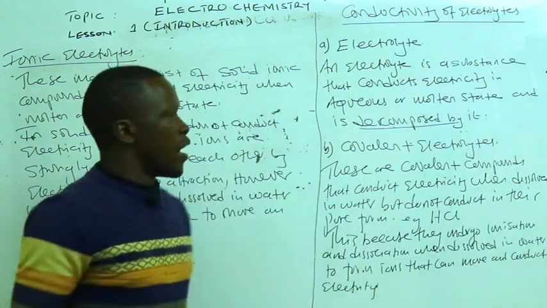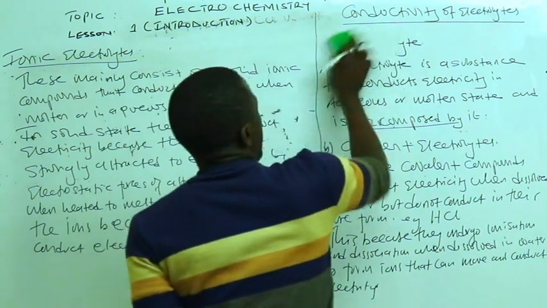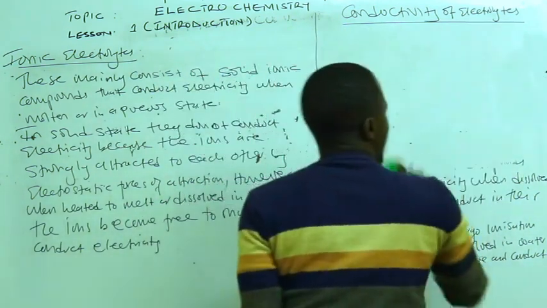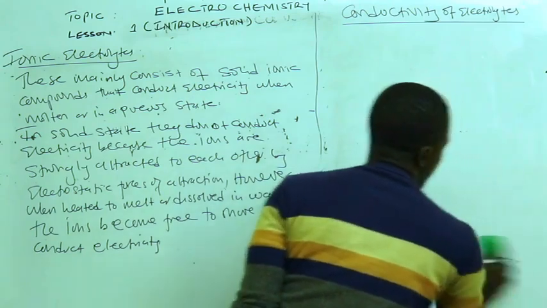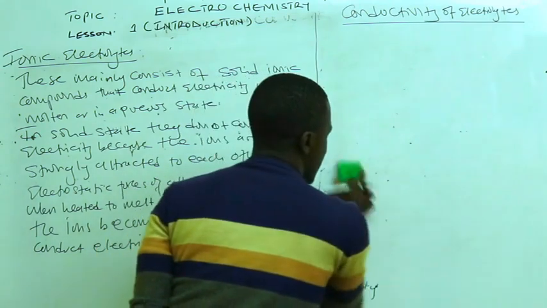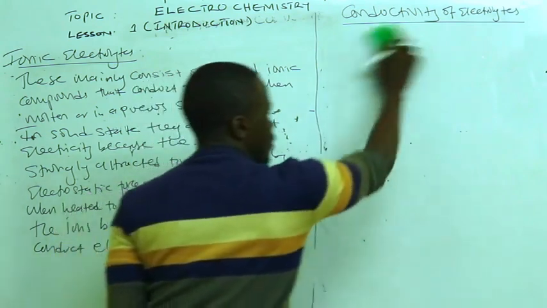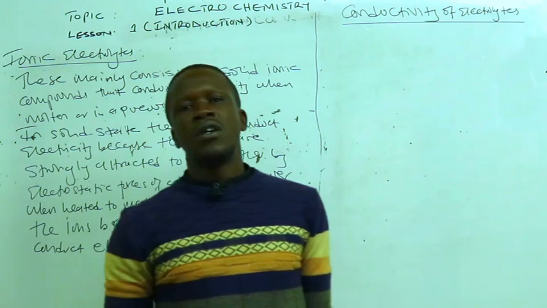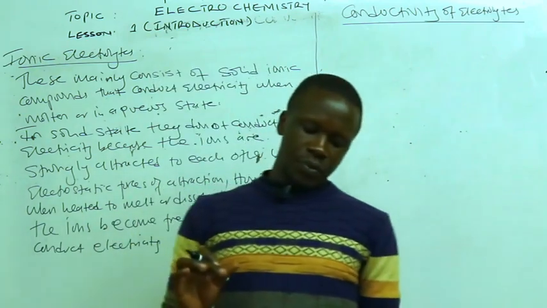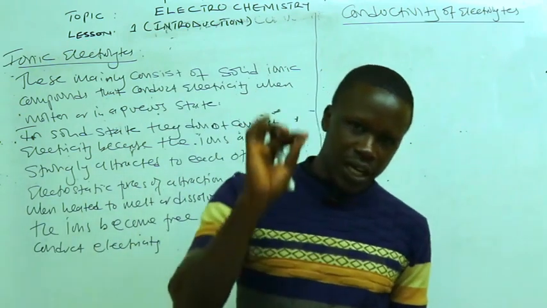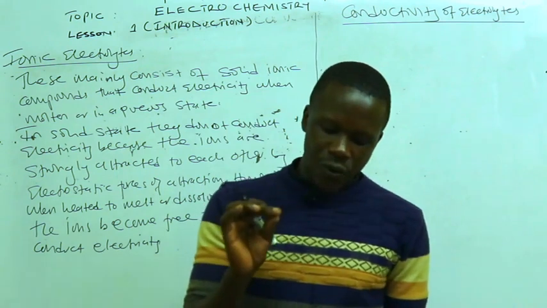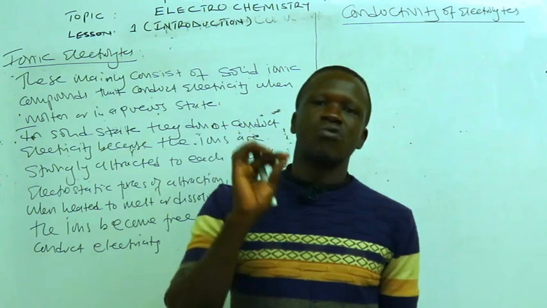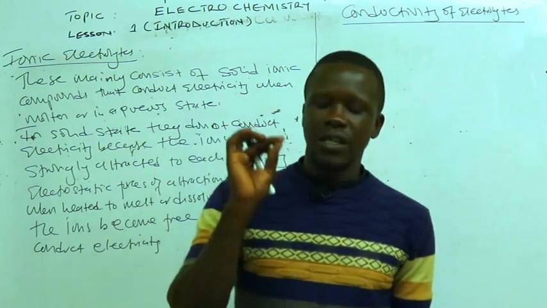Now, a strong electrolyte must be one that undergoes complete dissociation once dissolved in water to release a very high concentration of the ions. So whenever we talk about strong electrolytes, we are talking about those electrolytes capable of undergoing complete dissociation.